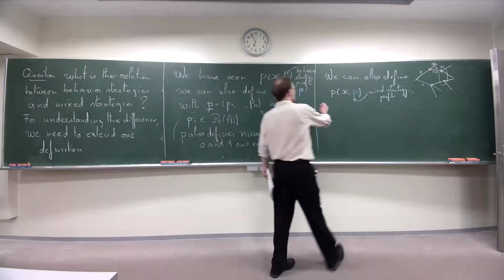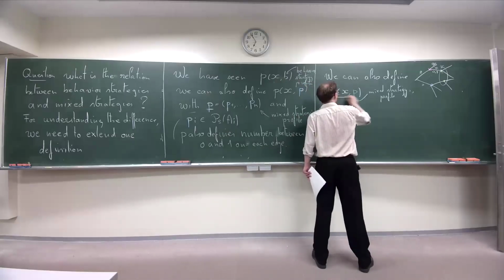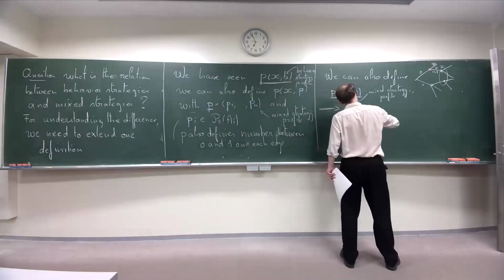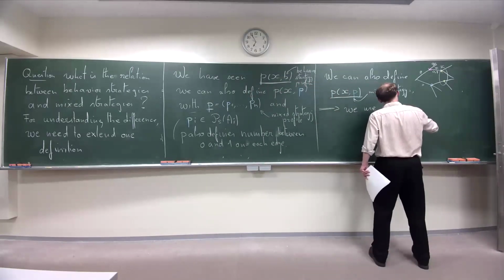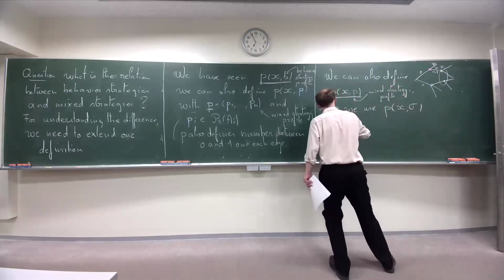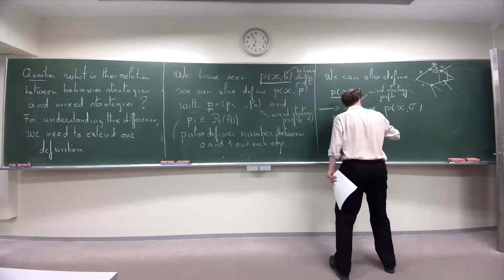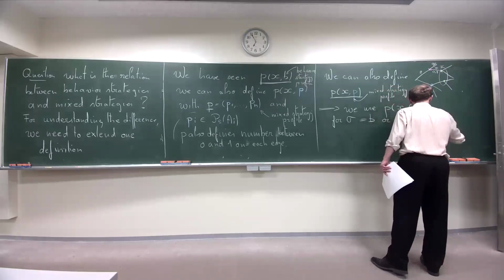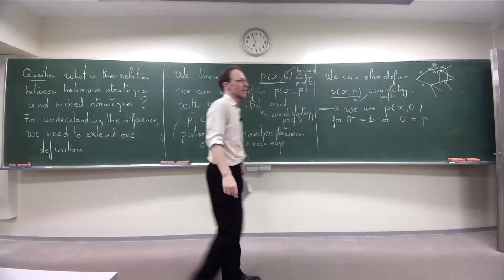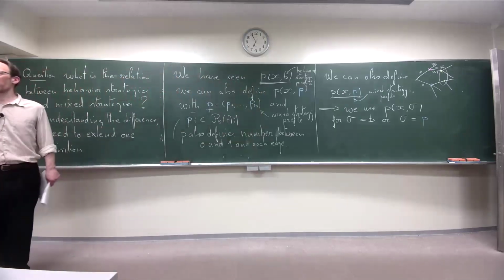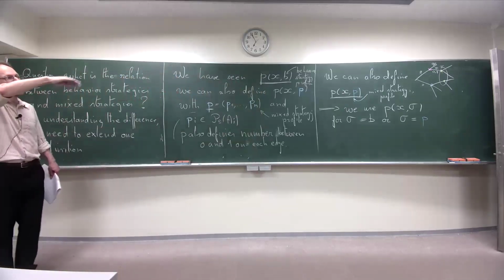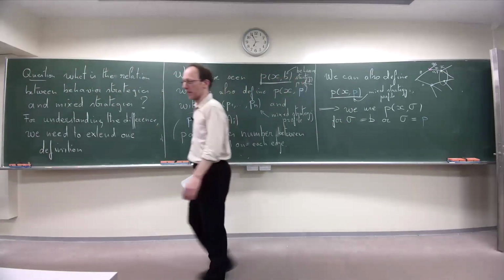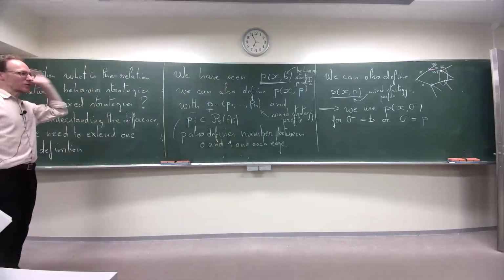So I'm going to use the same notation here and here. We use now P of X and sigma, where sigma is equal either to B or to this P. So I'm going to use the same notation for two things which are slightly different, but at the end of the day, they just give me some numbers I can associate to any X. I looked at many books, nobody is doing this very nicely.